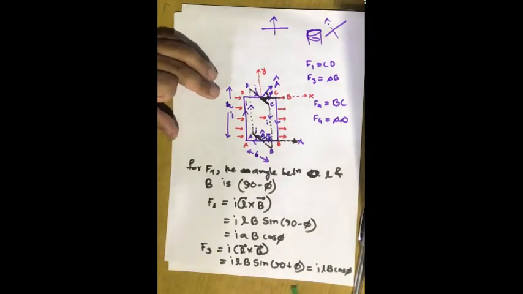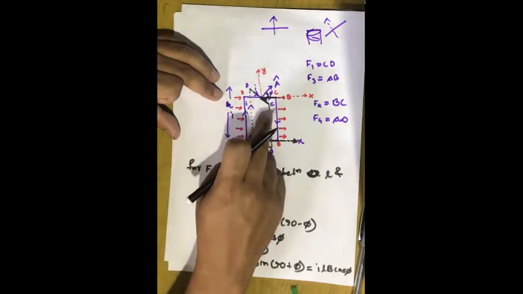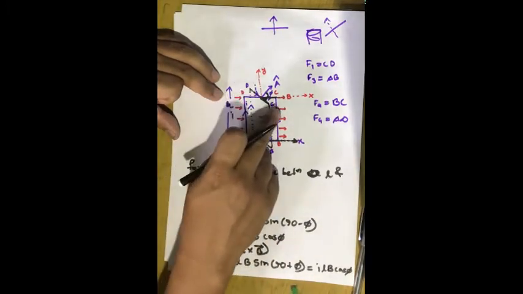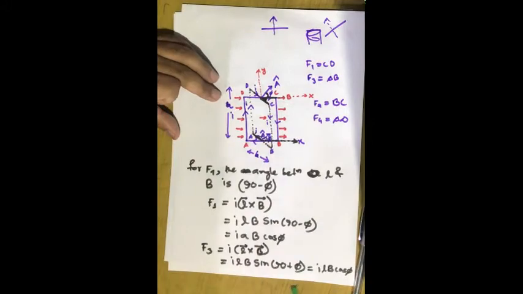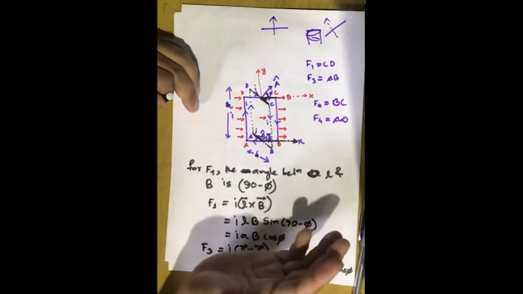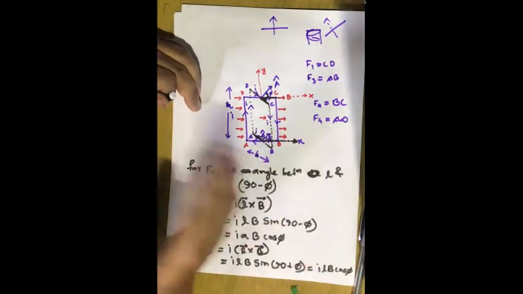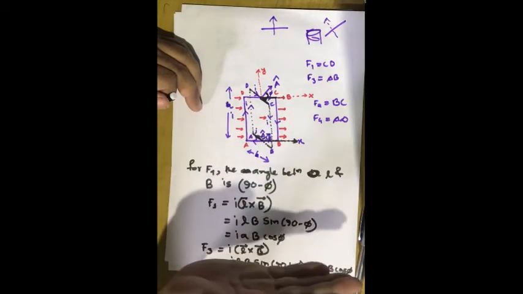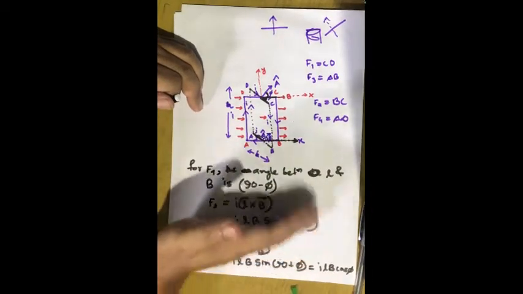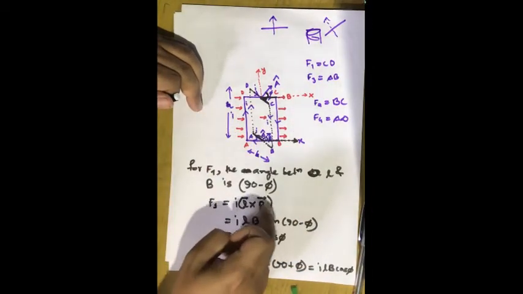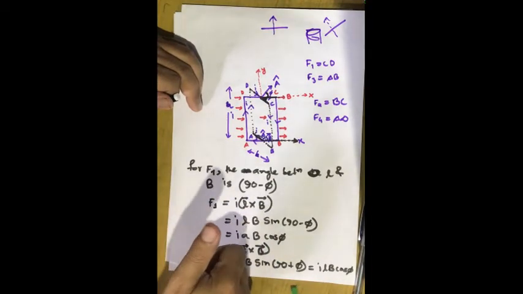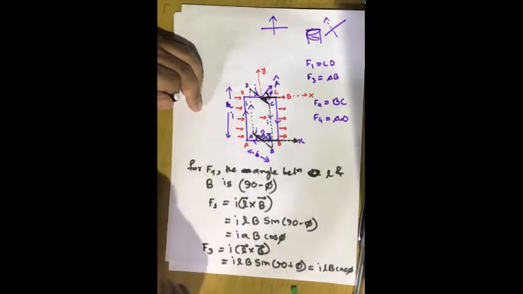Okay, now we have to find out the direction of the force which is acting on the line element CD and AB. So this we can determine from the right hand thumb rule. If you curl your fingers from L to B, then the direction of thumb will give you the direction of the force.